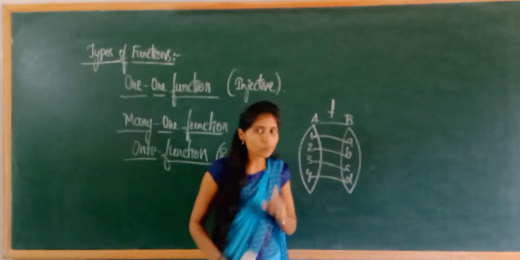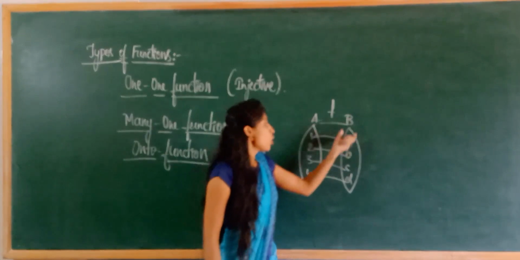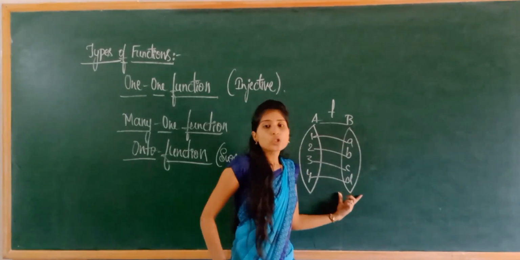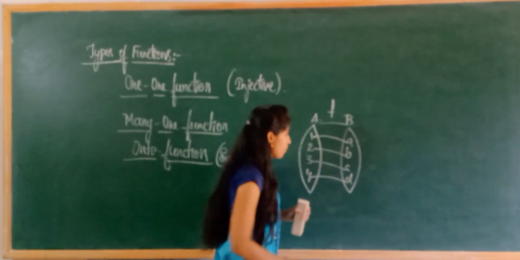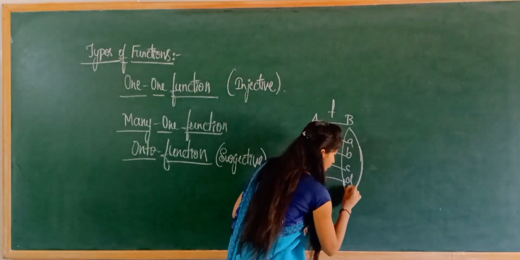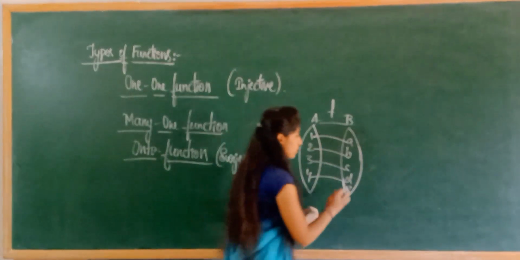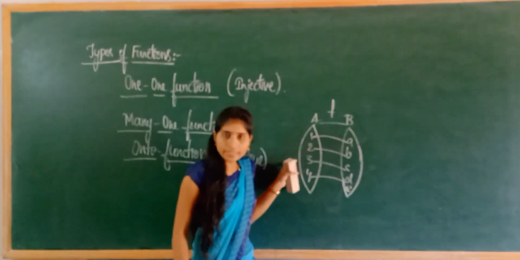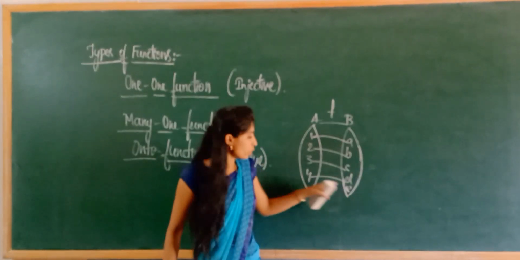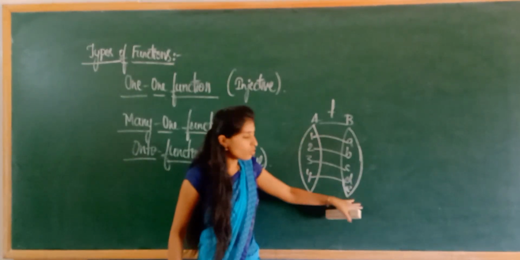And one more thing in onto function, no element of codomain should remain unrelated. For example, if I have written E, but E is not related to any element here, this is not an onto function.